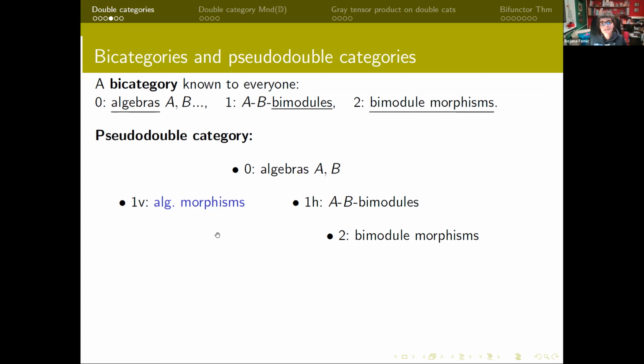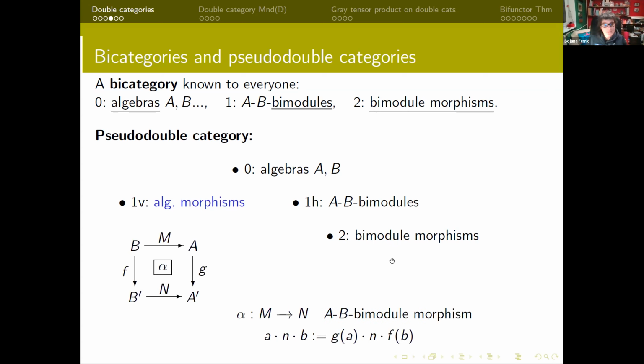Now this changes the 2 cells, or the bimodule maps, a little bit as follows. So in this square, in the vertices I put algebras, on the horizontals are bimodules, and on the verticals are algebra maps. The square alpha should be some kind of bimodule map, while above M is an AB bimodule, or BA, it's a matter of convention, and below N is an A prime B prime bimodule.